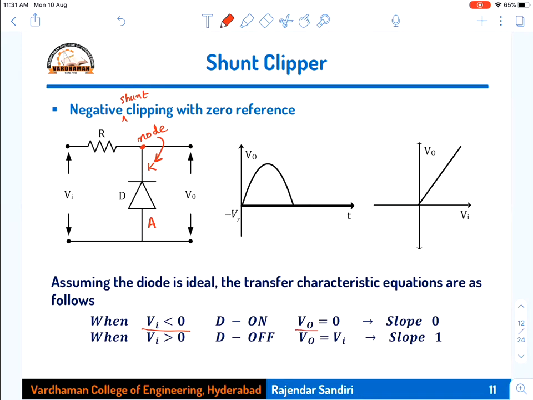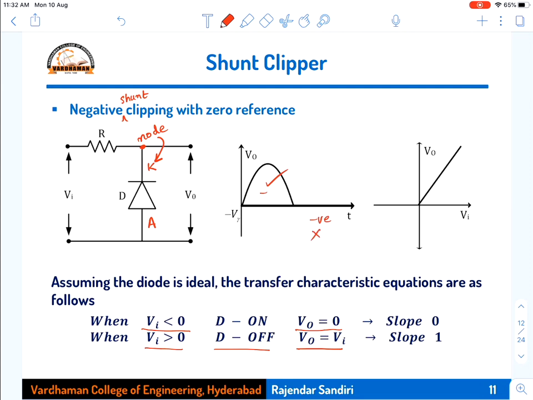That means V naught will be equal to 0. This is on, nothing but what? The output is connected to the ground, 0. Now Vi greater than 0, the diode is off and output voltage is same as input voltage. So the negative portion is clipped off, and the positive portion is existing.